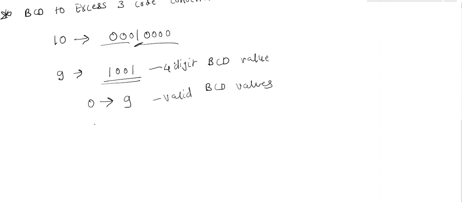After 10, all the values are going to be considered as don't care values. Whatever the input and output they are giving, we don't care about that. So while designing a truth table, we'll consider the BCD values from 0 to 9 only. After 9, we are not going to consider them in the BCD to XS3 code conversion.